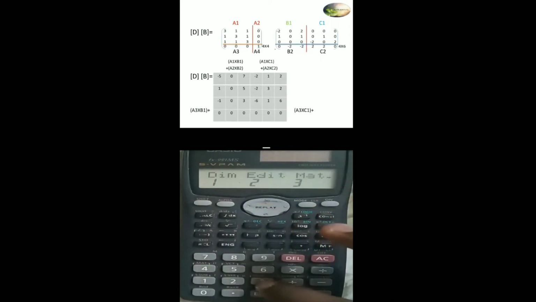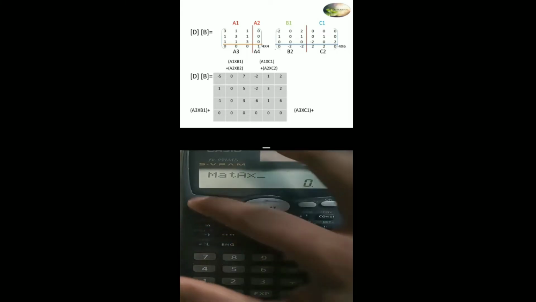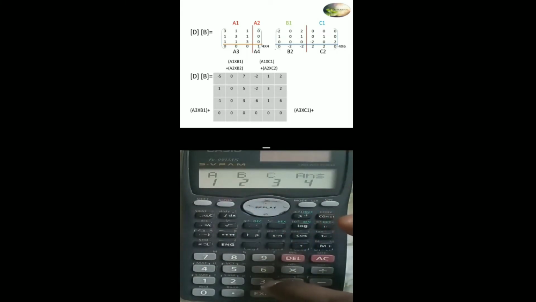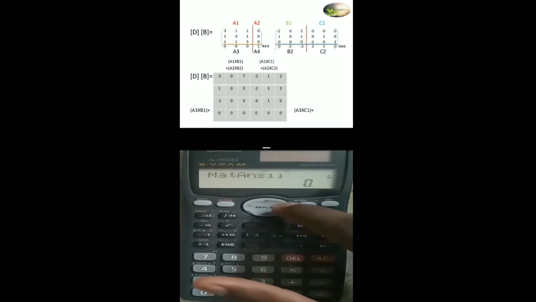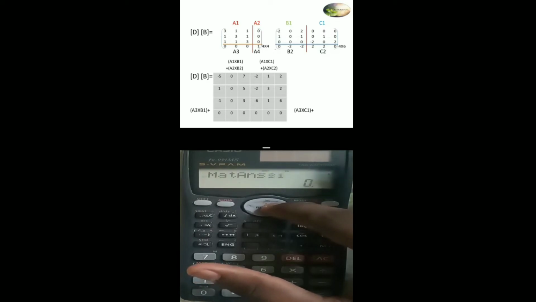Now multiply A2 into C2. Add the values with A1 into C1.